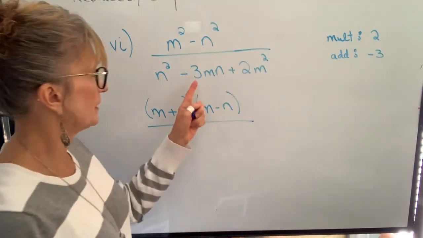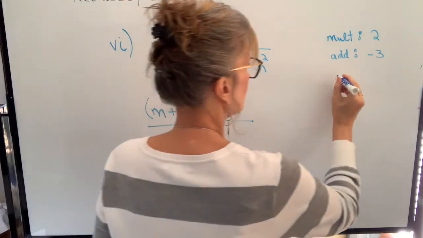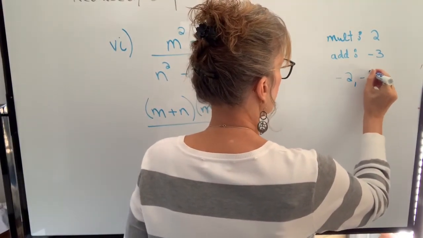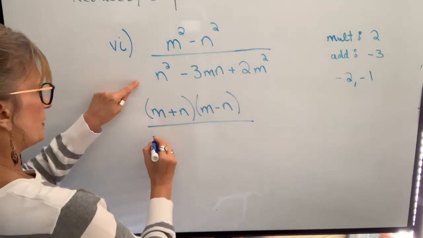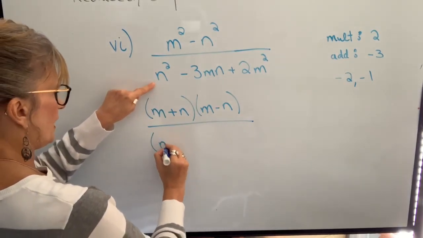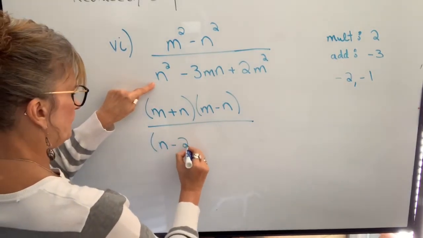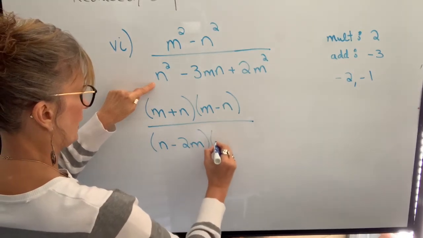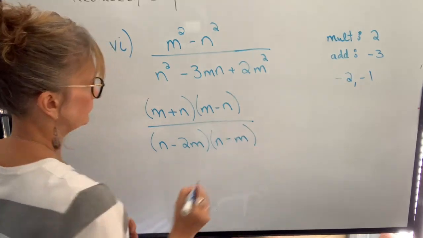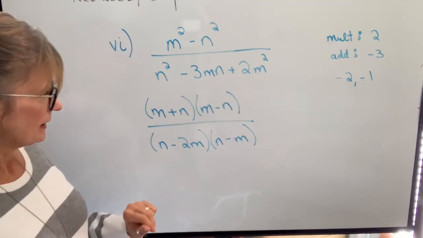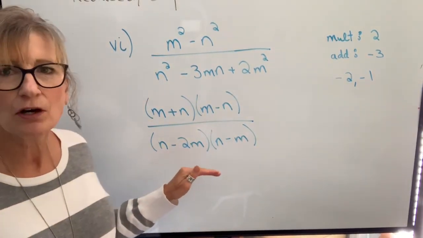They have to add up to -3. So those two numbers will be -2 and -1. So I'm going to factor, it will be n minus 2m and n minus m.